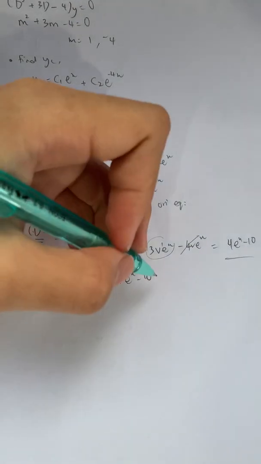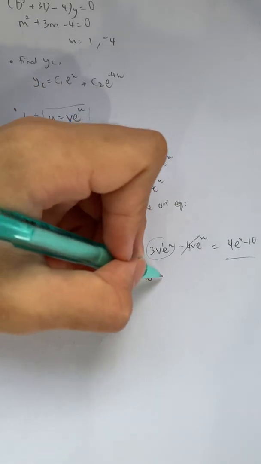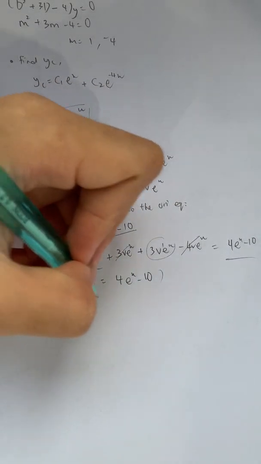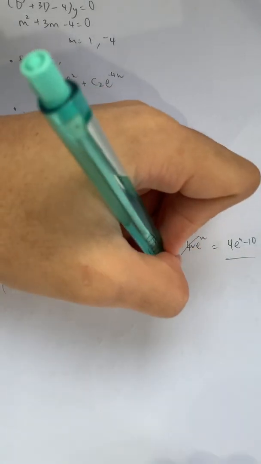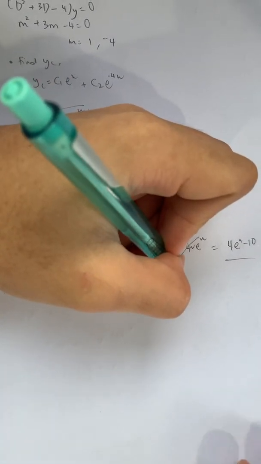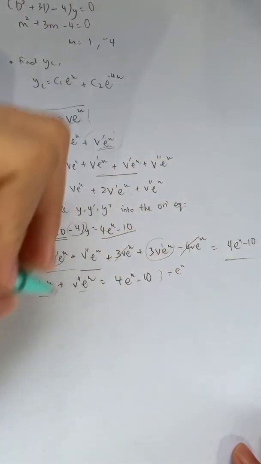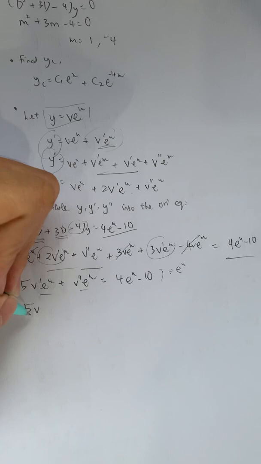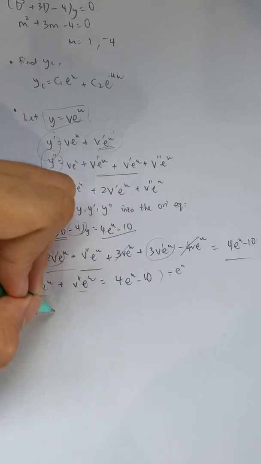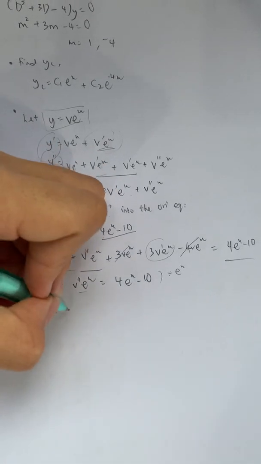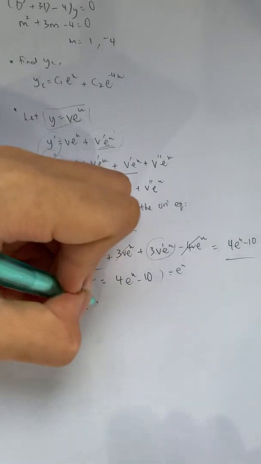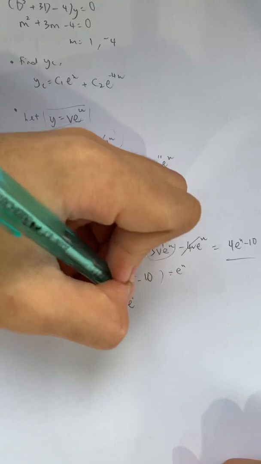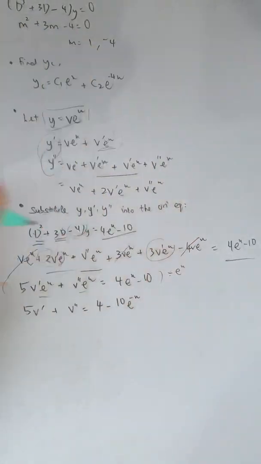Okay, from this we can simplify by getting rid of this e^x by dividing with exponential x. So we get 5v prime plus v double prime equal to 4 minus 10 exponential negative x.